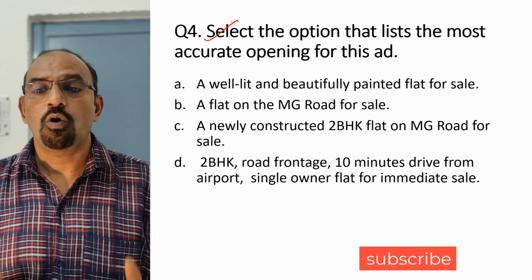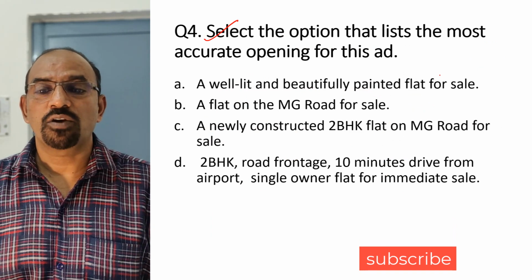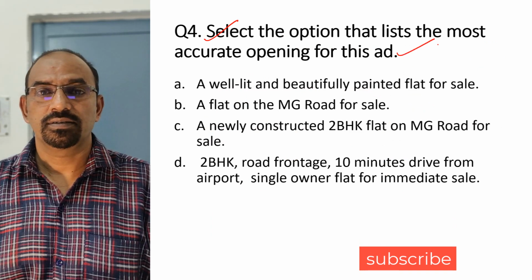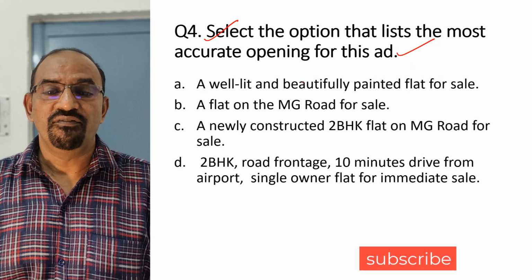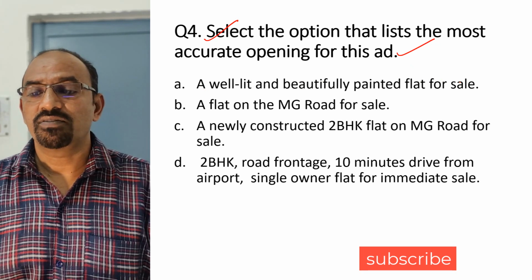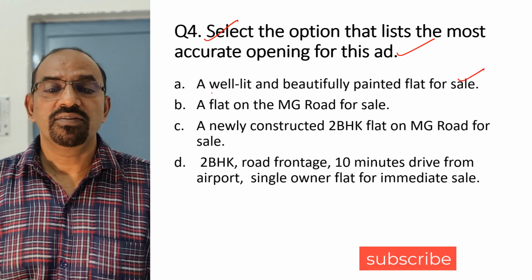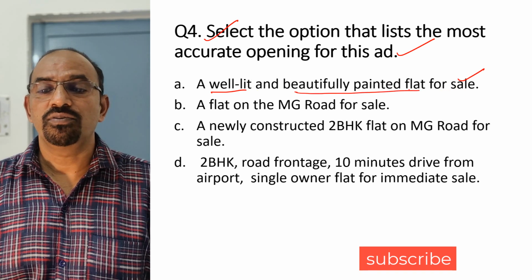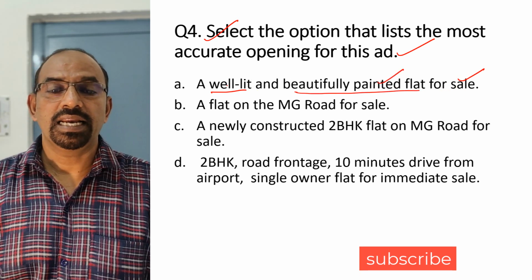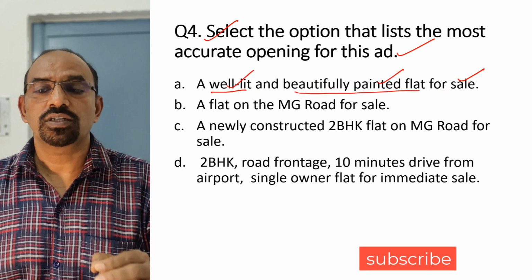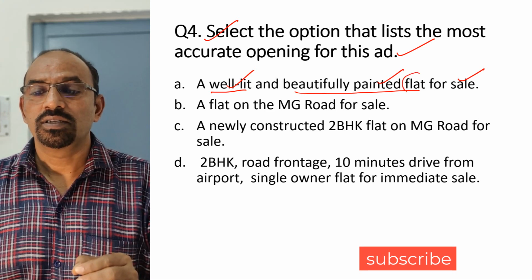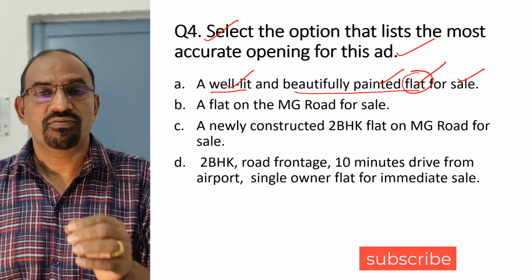Select the option that lists the most accurate opening for this ad. Opening sentence: a well-lit and beautifully painted flat for sale. Who will give such a well-lit and beautifully painted description? Painting and lighting are not important things for selling a flat.